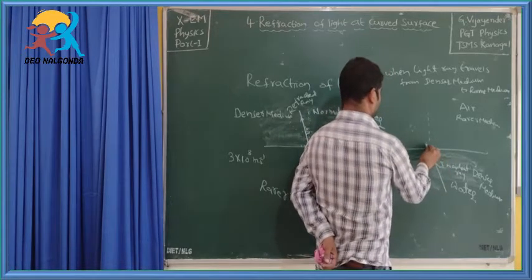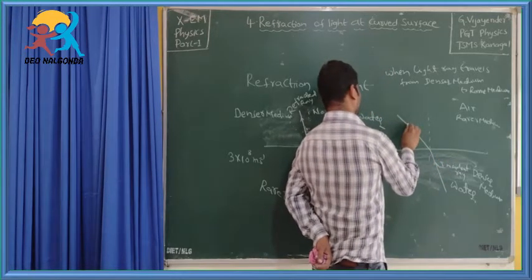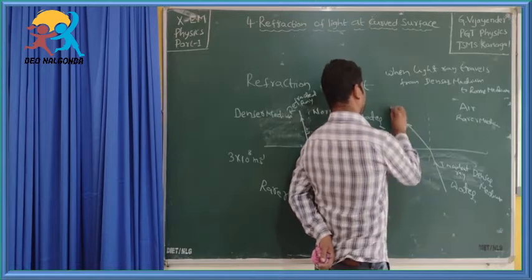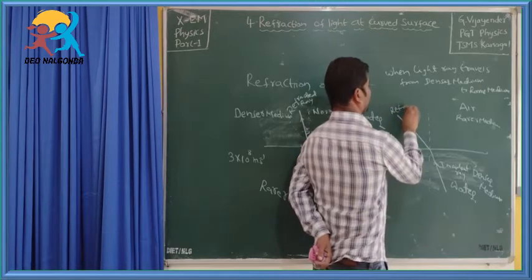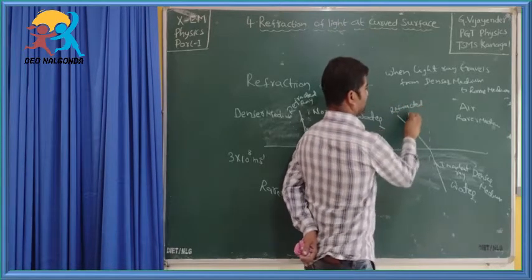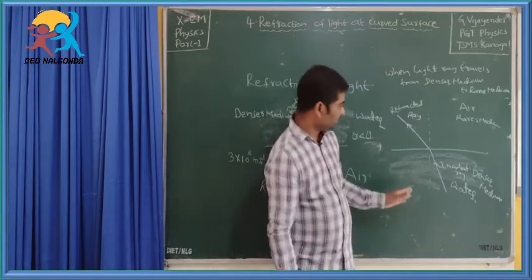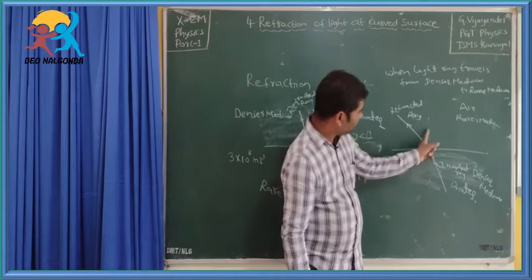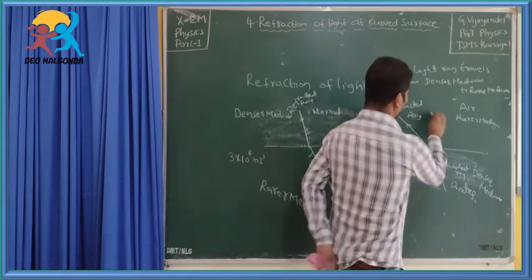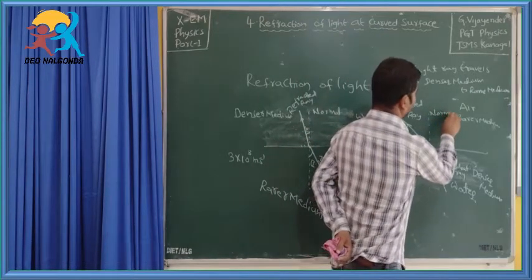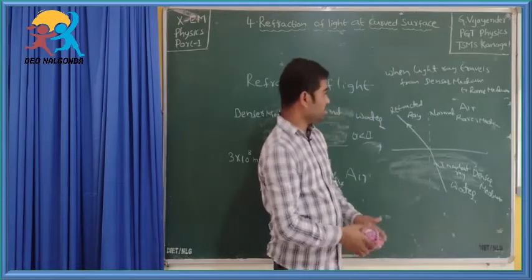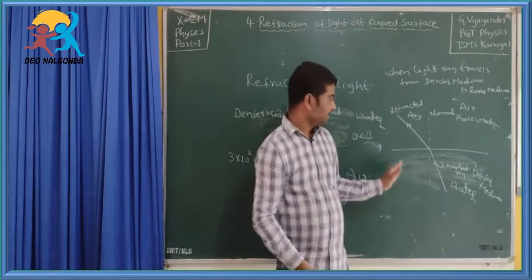So this is the refracted ray. This is the normal, and the refracted ray bends away from the normal.